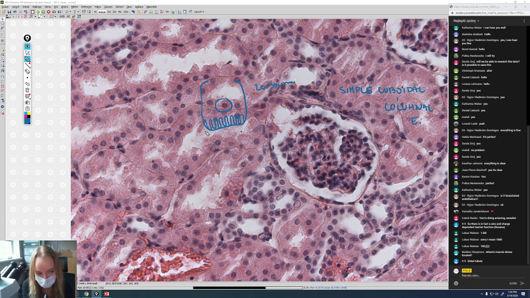You know the basal labyrinth, these are invaginations of the basal membrane, and they also have microvilli on the apical surface. These microvilli create the brush border. And this basal labyrinth in the base of the cell contains pumps.